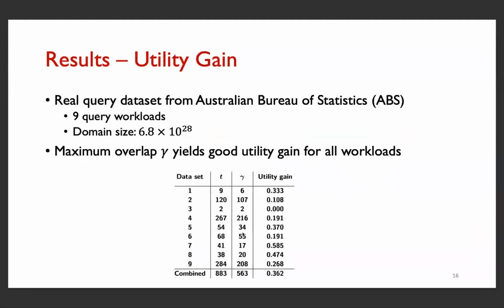In terms of utility, we worked on a data set of real census queries obtained from the Australian Bureau of Statistics. We can see from this table that in almost all cases, we obtain good utility due to the maximum overlap. And this is over simple sequential composition.